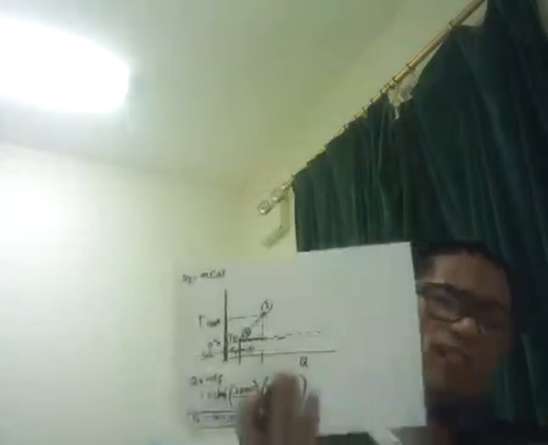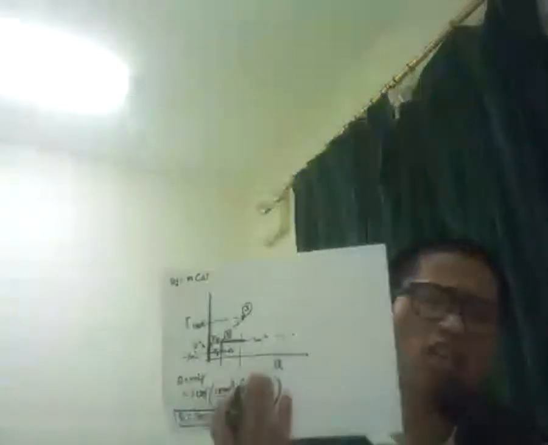It should be the water, because the specific heat capacity of water is not the same. Remember that one. When it reached point 2, it's now liquid, it's not ice already, so you should not use the specific heat of ice. Got my point? You should use the specific heat capacity of water.